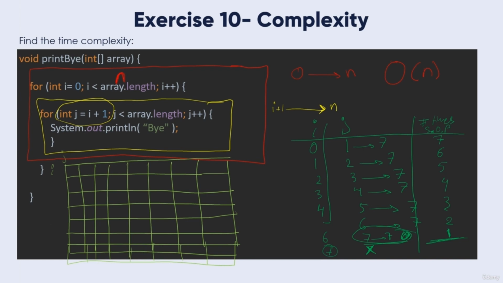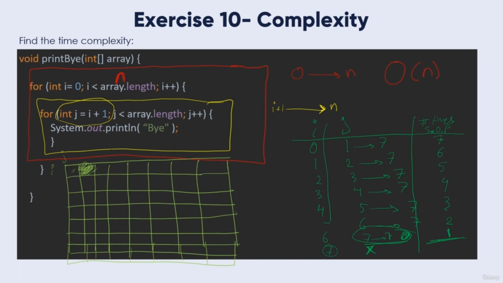But since we are following a different pattern, we start from i equal to 0. This is i equal to 0, and this is i equal to 0 and j equal to 1. So this cell is not filled. We are going to fill this. For i equal to 0, we are going to execute System.out print 7 times.